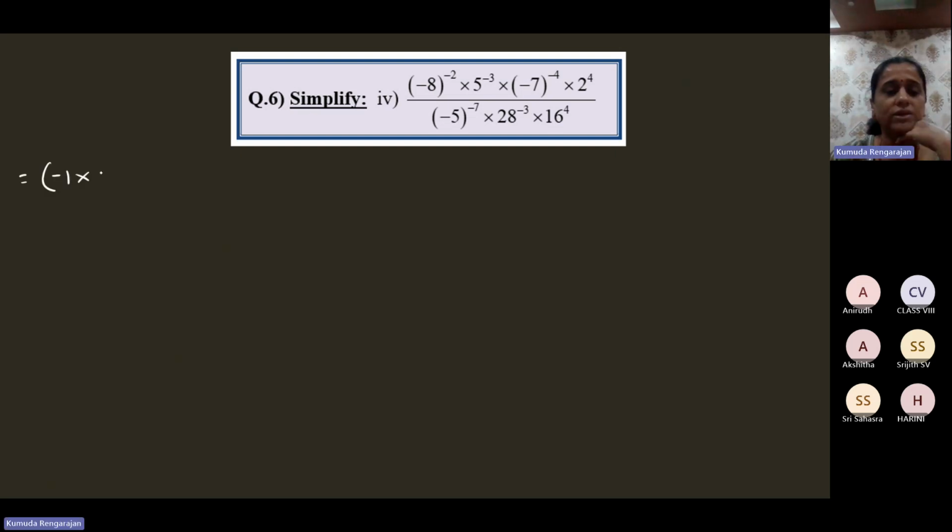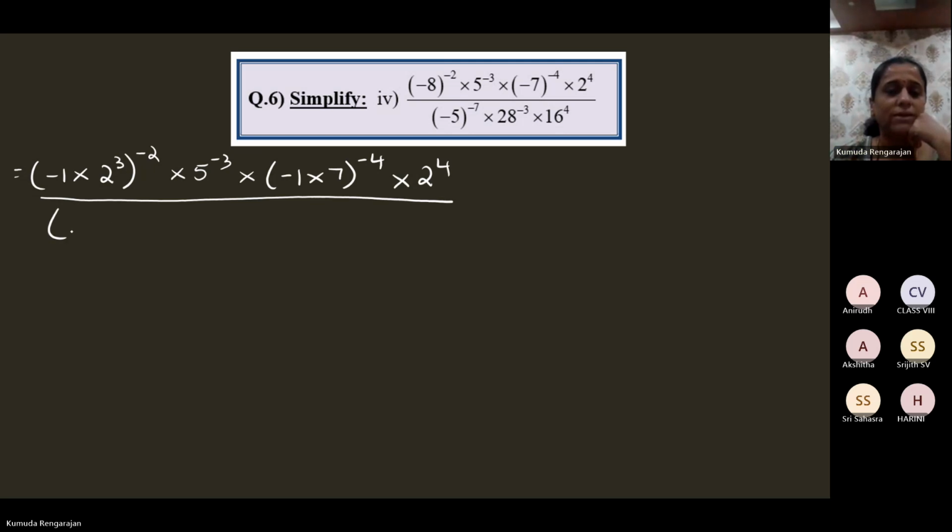Minus 8 should be written as minus 1 into 8, the whole power minus 2. And you know 8 is 2 cubed. So change that. Minus 1 into 8, 8 is 2 cubed, the whole power minus 2 into 5 to the power minus 3 into minus 7 is minus 1 into 7, the whole power minus 4 into 2 to the power 4 divided by minus 5 is minus 1 into 5, the whole power minus 7 into 28.